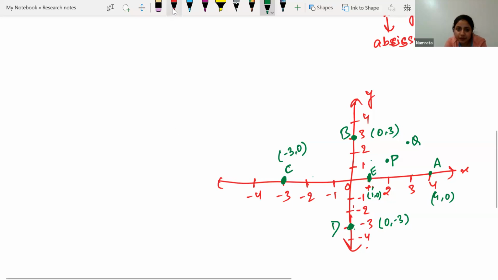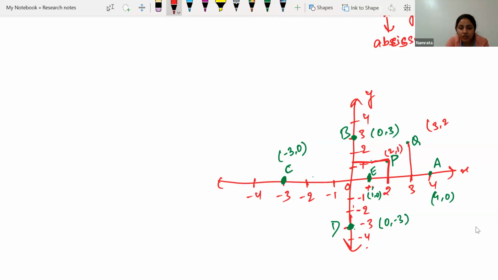X is 2 over here, and can I say Y is 1? Oh, yes, ma'am. 2, comma 1. Right? And what about Q? 3, comma 2. Yes, 3 comma 2. So this is how we will write the coordinates of each and every point.